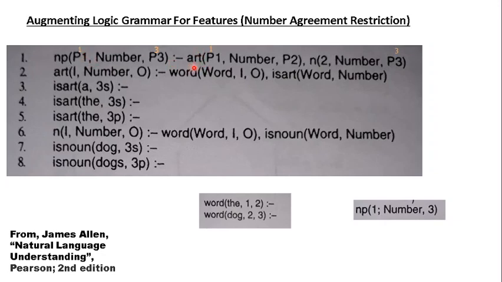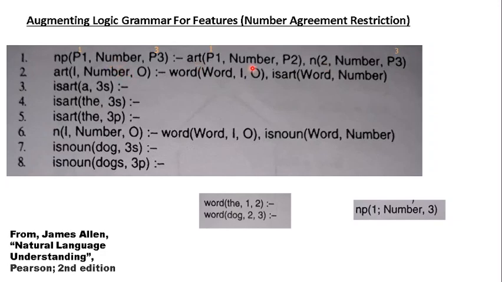If you see the right side, we have an article part and a noun part. As we have already substituted p1 with 1, again we have article with the first argument as 1, second argument as number, and third argument as another variable p2. Then in the noun part, we have the first argument as 2, second argument as the variable number, and third argument is p3, which is 3, as we had already substituted its value.